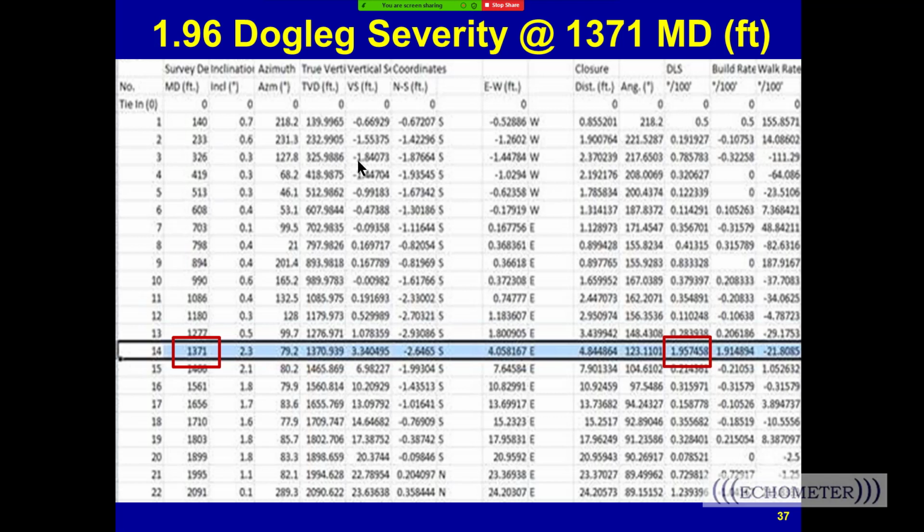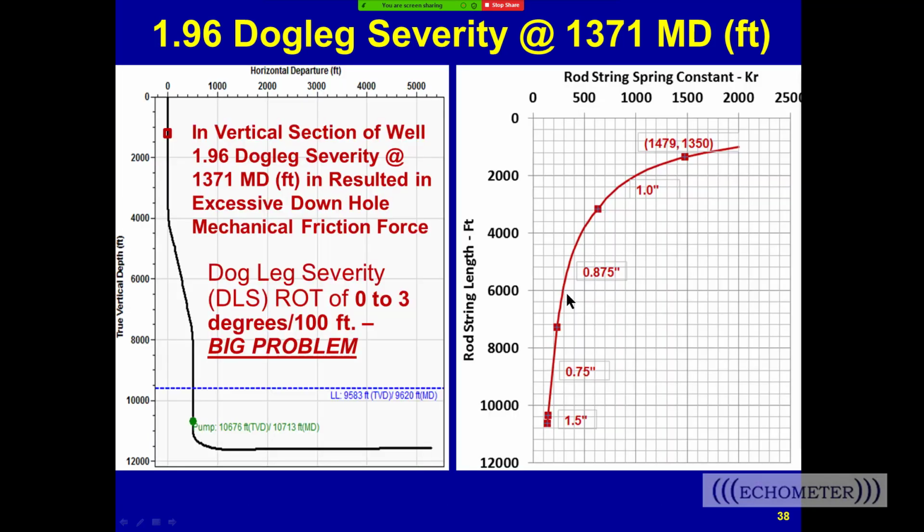So here is the deviation survey, and sure enough, there's a dog leg severity calculation, and right there at 1,371 feet, exactly the same depth, well, pretty close, is a 2 degree dog leg. And that 2 degree dog leg was causing all that mechanical friction. So that's a problem that's causing the rods to stick.